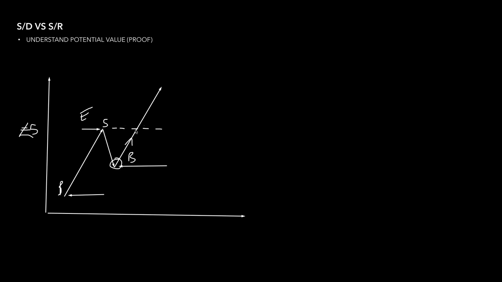But if later on prices go higher, then this is seen as a potential strong area of demand, because this is where the origin of the move was, in the same way that this was the origin of the move that made the move higher.